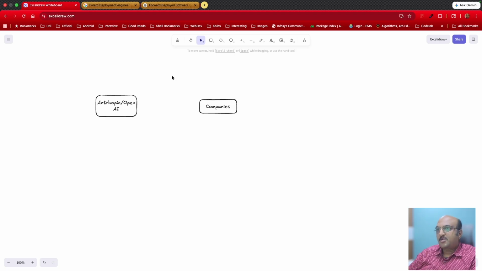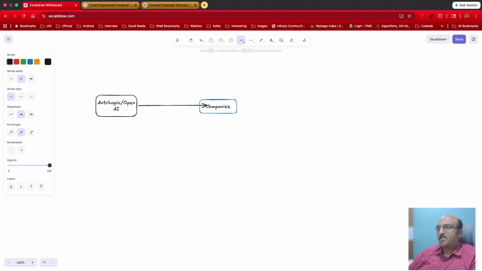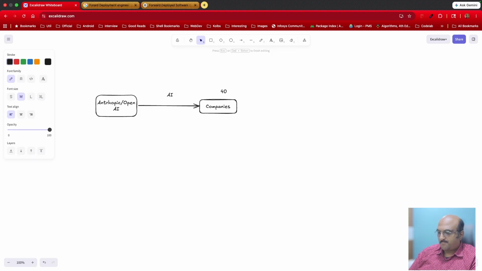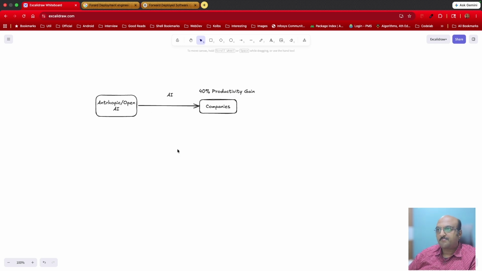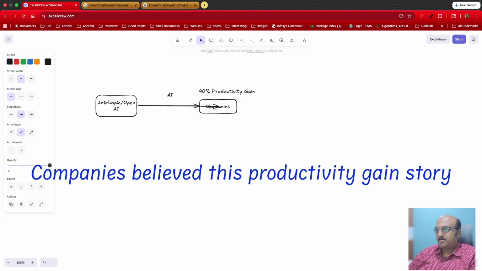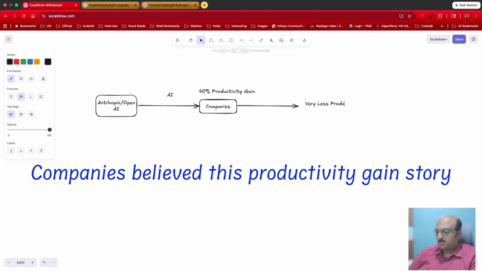And they were basically told by Anthropic that you can get the AI and you can get, say, a 40% productivity gain. Now these companies bought huge licenses from these companies. They are not cheap licenses, but when they look at the real gain that they are getting, it is very little productivity gain.